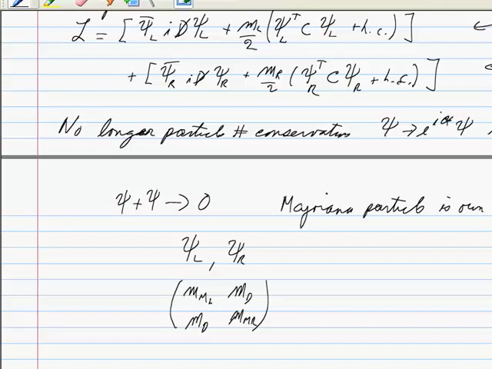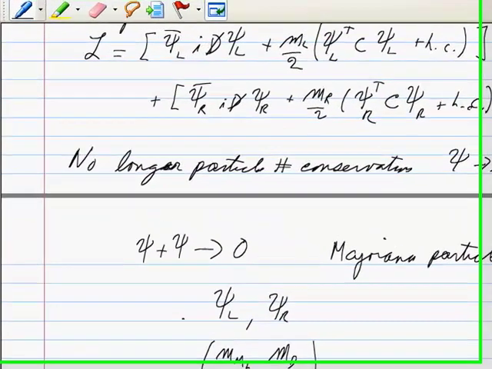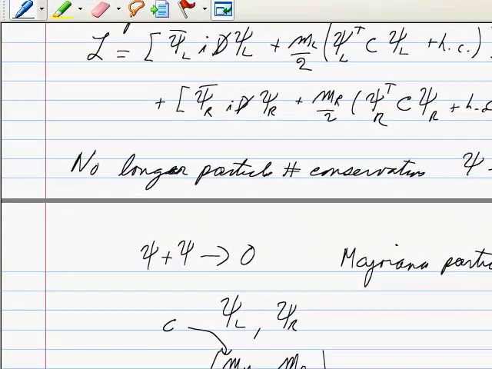Okay? And then your mass eigenstates are the eigenstates of this matrix. You diagonalize the matrix and you get states that are mixtures of left and right as your mass eigenstates. In the standard model, we'll see later on that the left-handed one has to be 0.